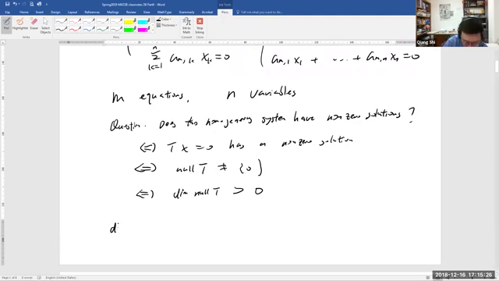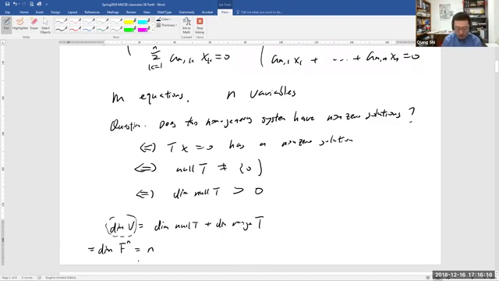And what can we say from here? Well, by the fundamental theorem of linear maps, we know the dimension of V is the dimension of null T plus the dimension of range T. Remember, T is from Fn to Fm. For this particular question, the dimension of the domain is n, so this is the dimension of Fn, which is equal to n.